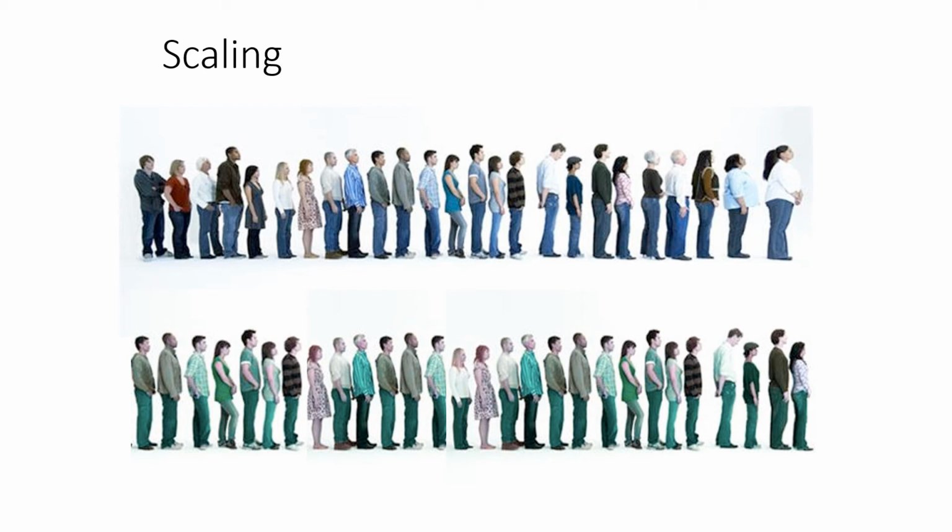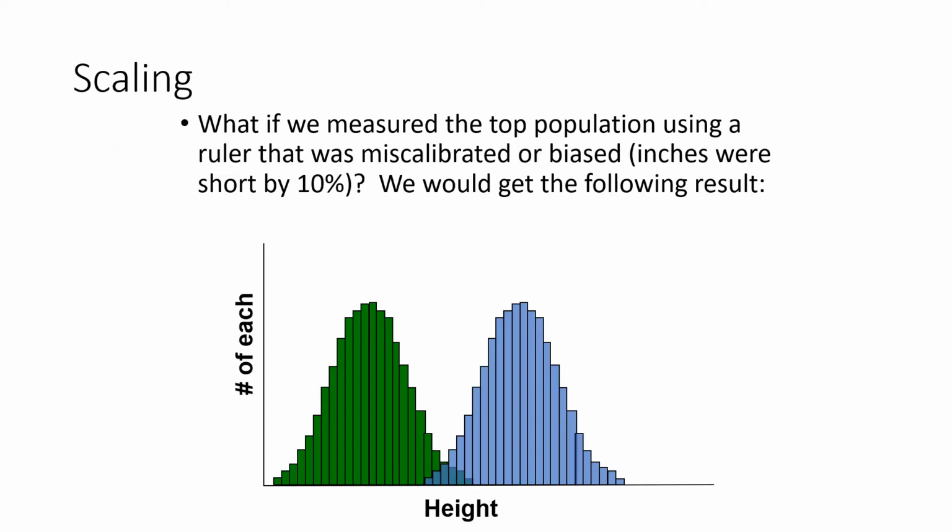Now, what happens if, in fact, we measure them and the ruler that we're using to measure them has been miscalibrated? In effect, we have some bias in the data or the data measurements, so that the height for the top population, the ones in blue from the US, is 10% higher across the board than the ones in green.